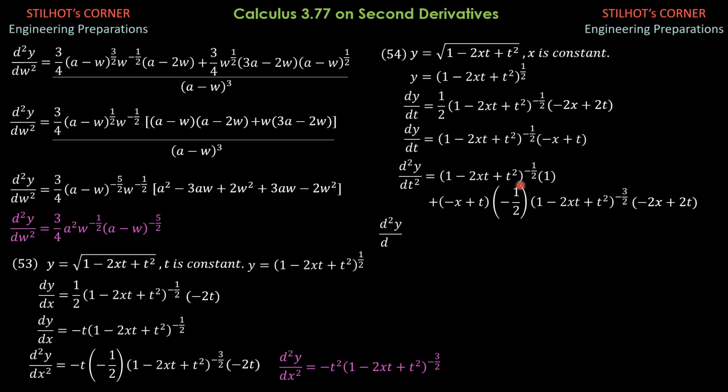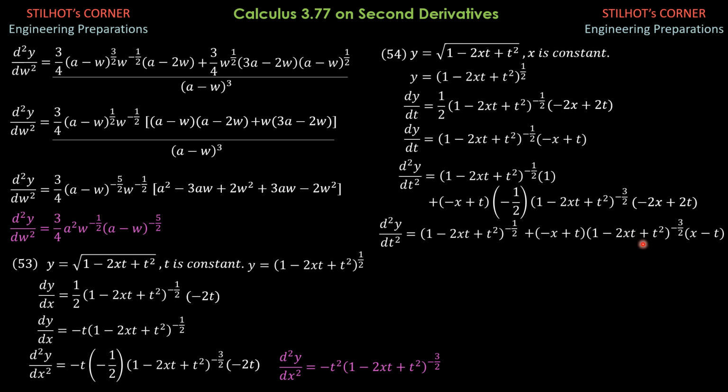So simplifying, the second derivative of y with respect to t is quantity 1 minus 2xt plus t squared to the negative 1/2, then plus quantity negative x plus t, then 1 minus 2xt plus t squared to the negative 3/2 times quantity x minus t, as expected because we factored out negative 2, cancel with negative 1/2.